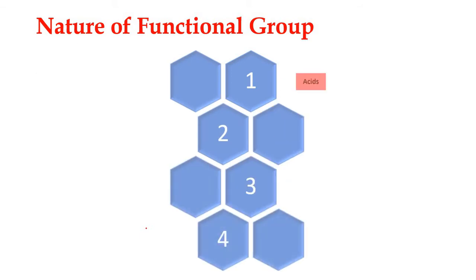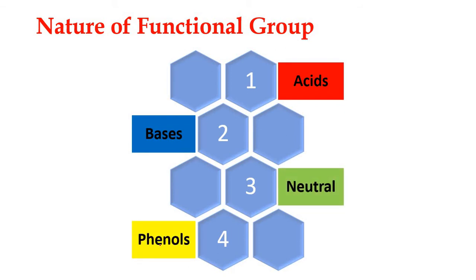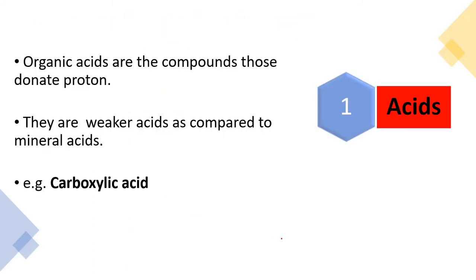Now we'll see the nature of functional groups. There are four types: first acids, second bases, third neutral, and fourth phenols. We'll see these one by one. What are organic acids? Organic acids are compounds which donate protons, H plus ions.